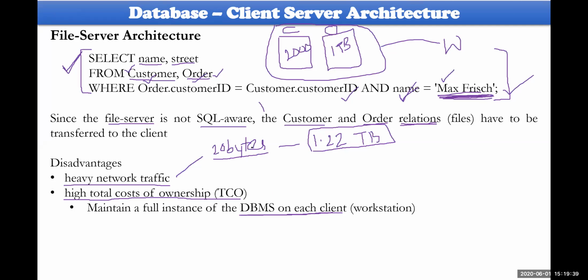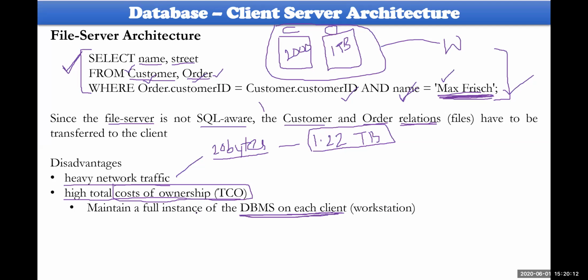So this is the basic problem with the database file server architecture. That is why every client must maintain its own logic, so the database management system will also be stored in the workstation. This is called the cost of ownership. If you are not supposed to store the entire database here, then the cost of your workstation will be very less.